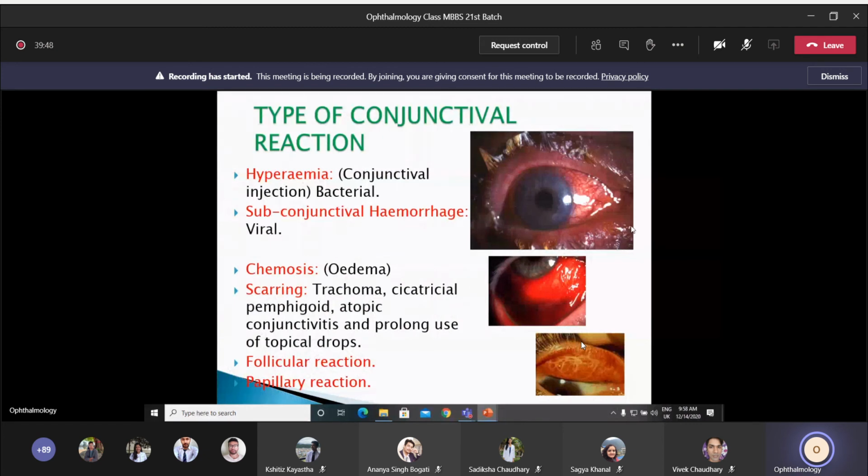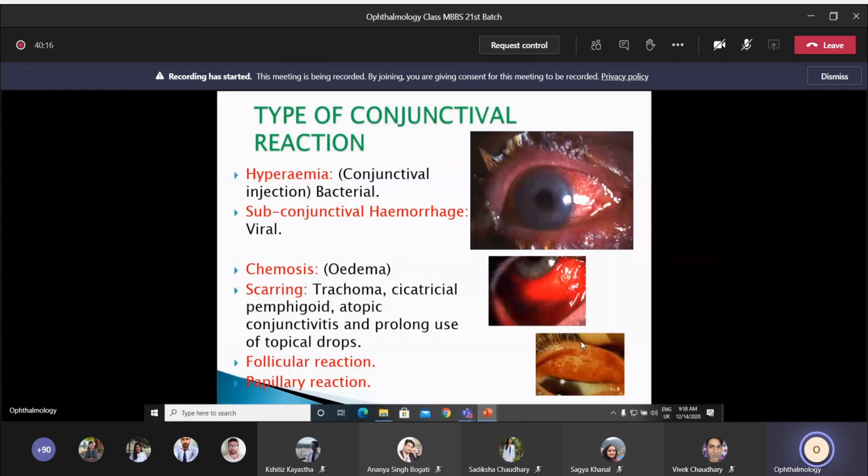When you see hyperemia, it is blood vessel congestion and the clear or translucent conjunctiva can still be seen, whereas in subconjunctival hemorrhage, you see a dark patch of blood and the underlying conjunctiva cannot be seen. That's how you differentiate between conjunctival hyperemia and subconjunctival hemorrhage.